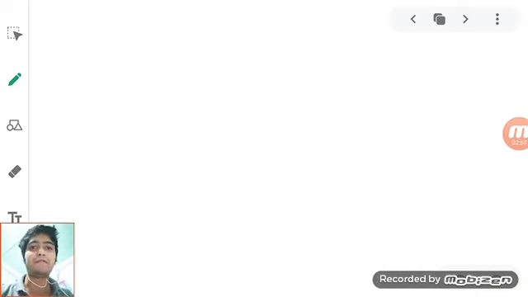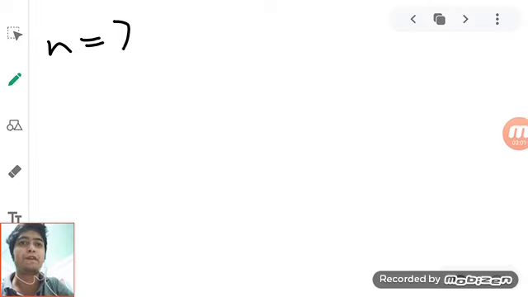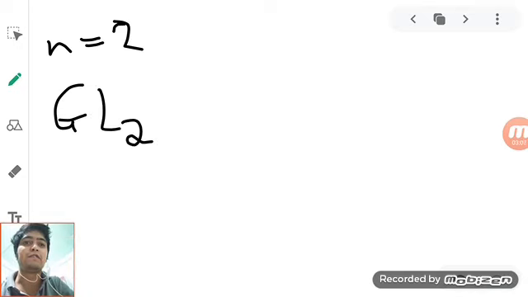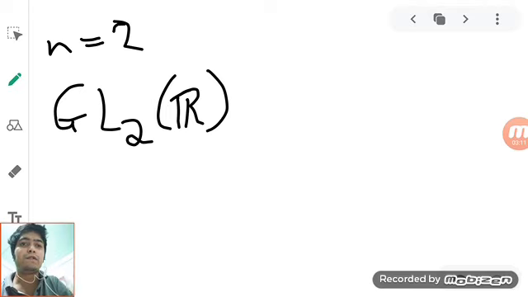So let us put the value n equal to 2. If you put n equal to 2, you will have GL2R.